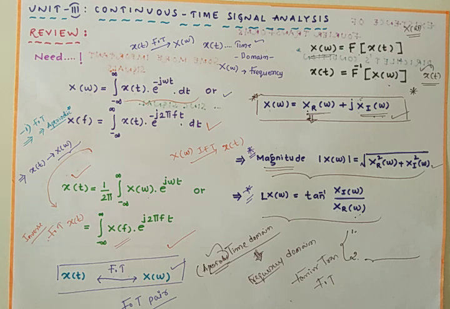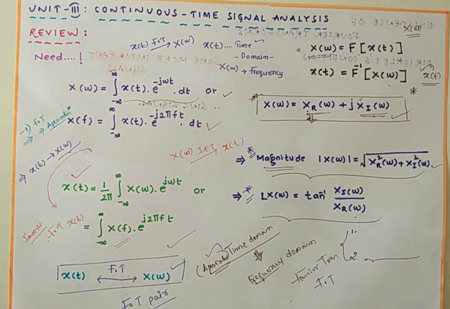Phase angle: angle of x of omega is equal to tan inverse of xi of omega by xr of omega. This is about the things we have to calculate in the Fourier transform of a given signal.